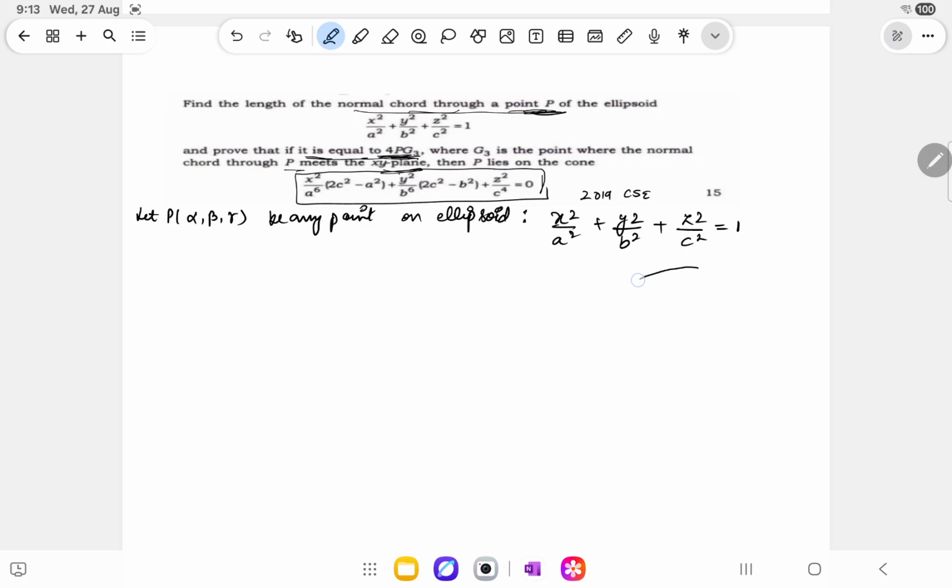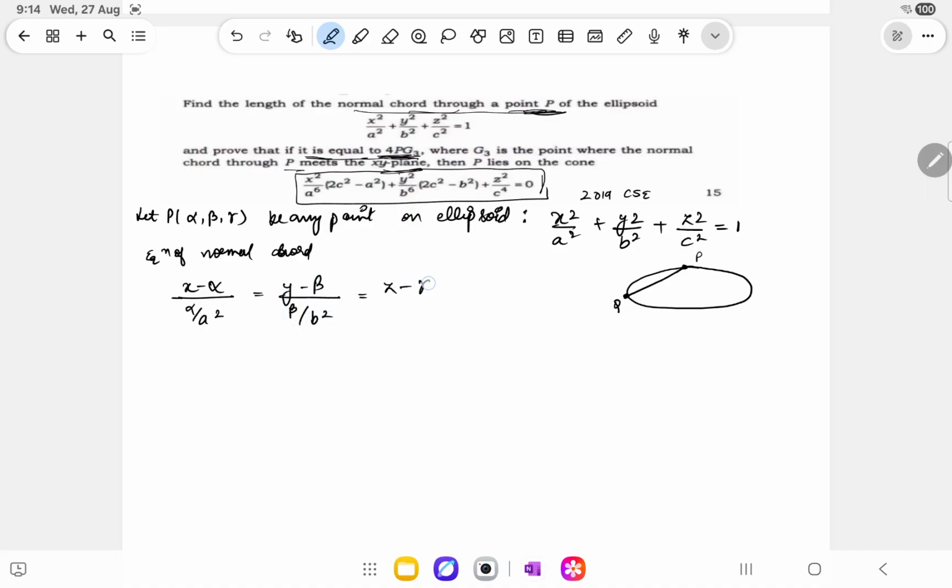So let's say this is my equation of ellipsoid and this is some point P, then this will be basically my normal chord where it will intersect the ellipsoid at another point, let's say Q. So let us first find out the equation of the normal passing via point P. So the equation of a normal chord will be x minus alpha upon alpha by a square is equals to y minus beta upon beta by b square is equals to z minus gamma upon gamma by c square.